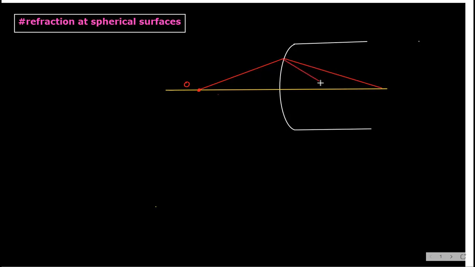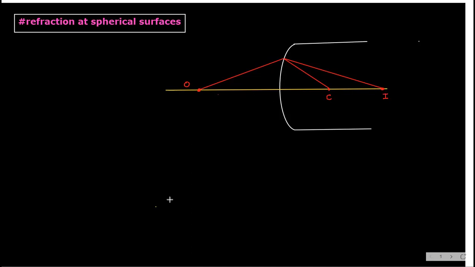Let us suppose this is the center of curvature for this curved part, so I am denoting it with a C. And whatever this object is, its image is getting formed here, that is I. Object, center of curvature, and then image.